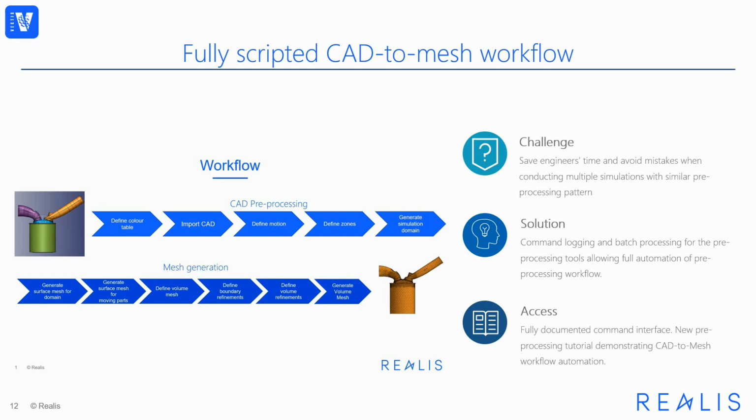The feature is accessed through a fully documented command interface, and there is a new pre-processing tutorial demonstrating the CAD to mesh workflow automation. Furthermore, our geometry tool in 23.1 features a new improved tabbed interface and can support IC pre-processing for geometries which are exported from CAD as a single fluid volume as opposed to separate solid parts. This is also illustrated in the tutorials.